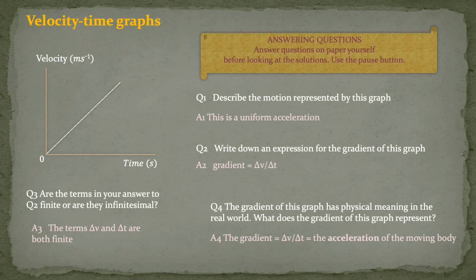The gradient of a velocity time graph, in this case delta v over delta t, represents the acceleration of the moving body. The more familiar form of the acceleration equation, of course, is v minus u over t, but delta v over delta t is just a different way of writing that familiar acceleration equation.